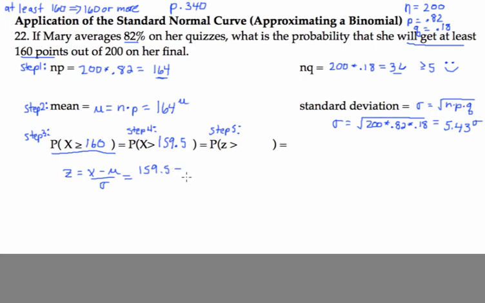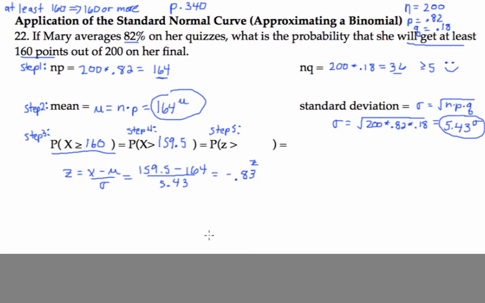You find the mu back in step 2. And the standard deviation, also in step 2, we figured out what our standard deviation was. So that is my z-score.